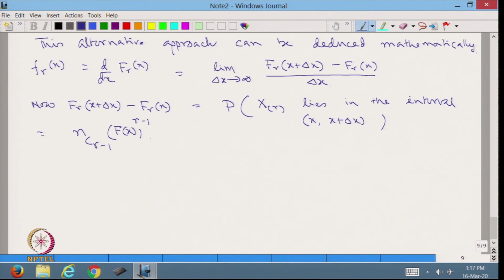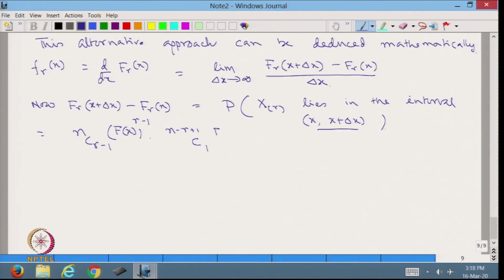So, out of n, r minus 1 are chosen, they are below x, therefore F(x) to the power r minus 1. From the remaining n minus r plus 1, we choose 1, and that goes between x to x plus delta x.